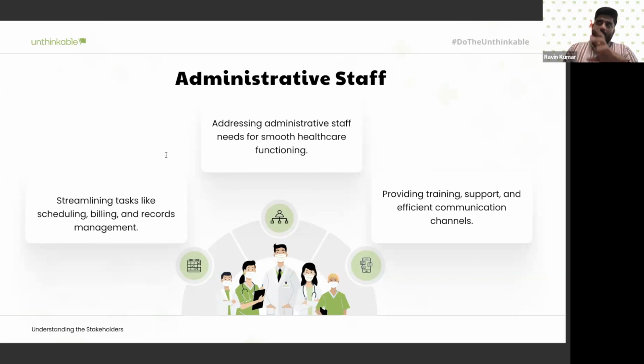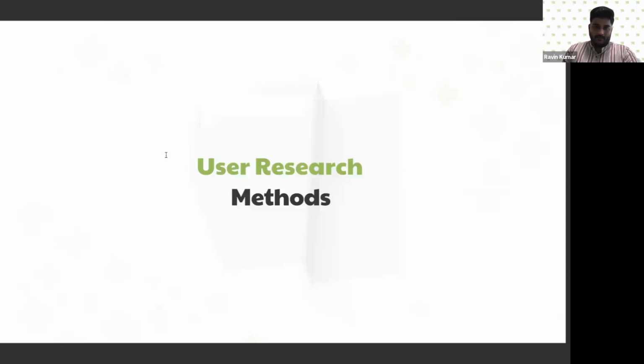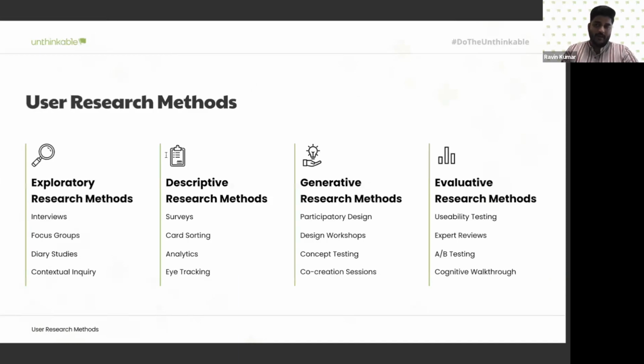So we talked about personas. Let's quickly talk about a few of the user research methods that can be used to drive all your decisions, and why user research is important. It plays a very important role in creating a successful product. It acts like fuel to your ideas, whatever you have in your mind.